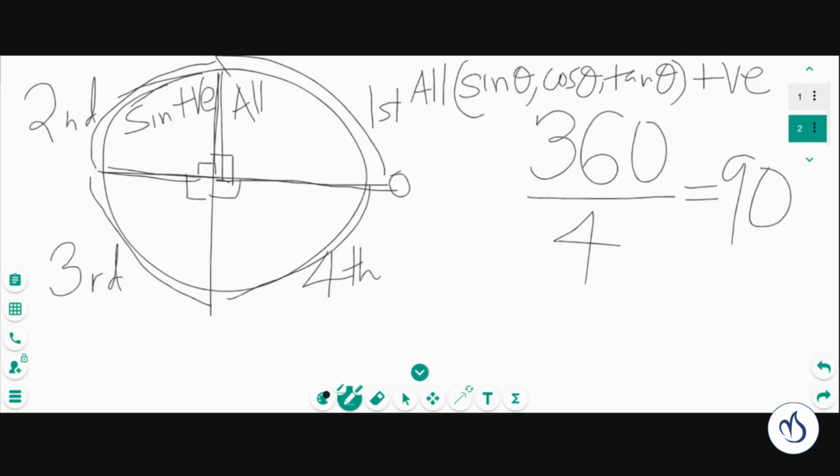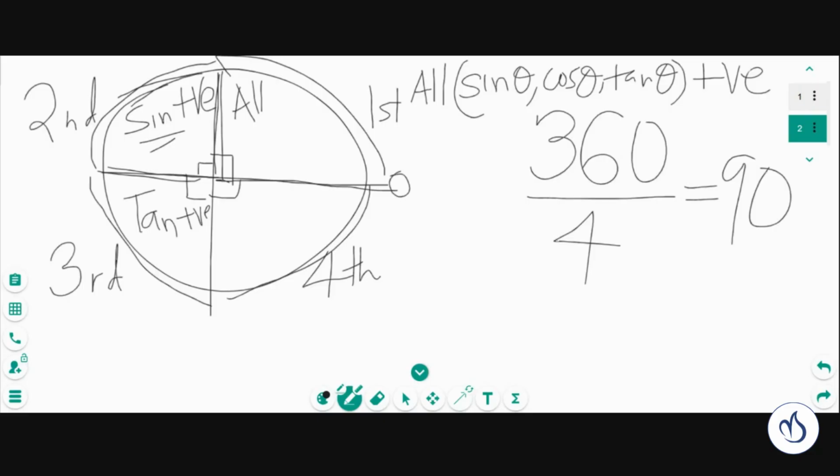So that proves that in this second quadrant, only sine is positive. Angles between 91 and 179 could even be 179.999999. Now, in the third quadrant, only the tan is positive.